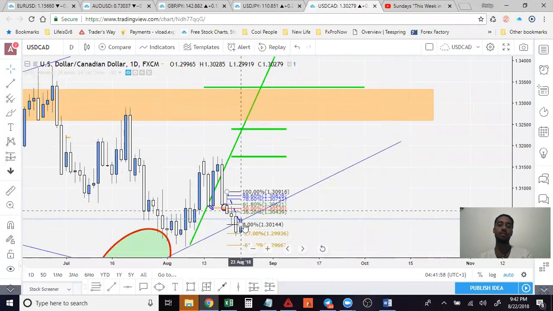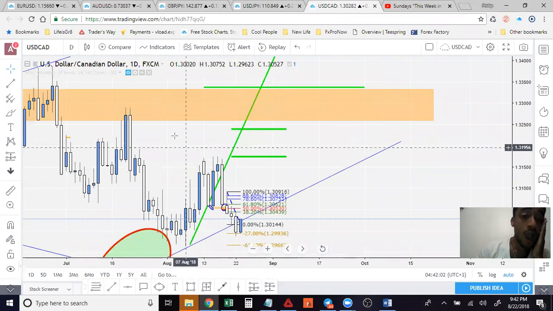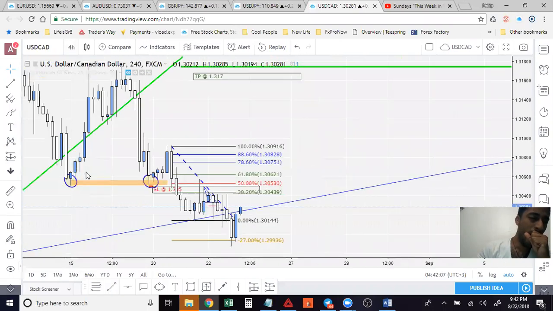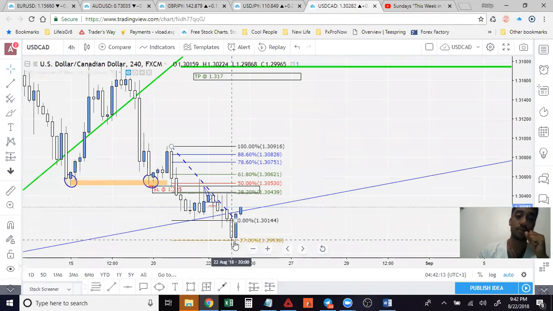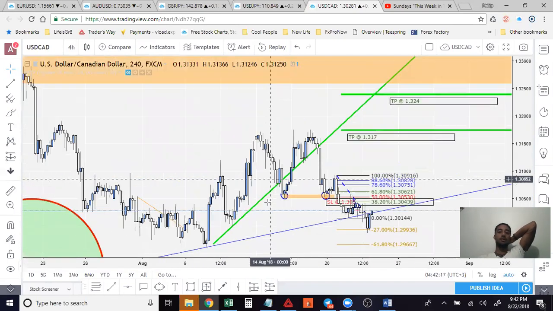If it's a bullish engulfing on this daily candle right here, I'll have to see the next candle. So we see a nice bullish candle right here, engulfing this one. If anything, I'll probably just not look at this.